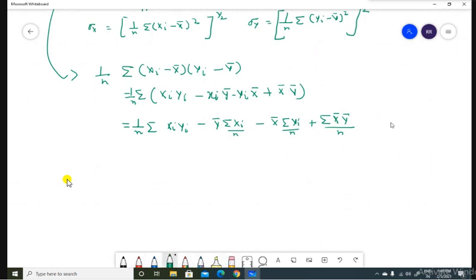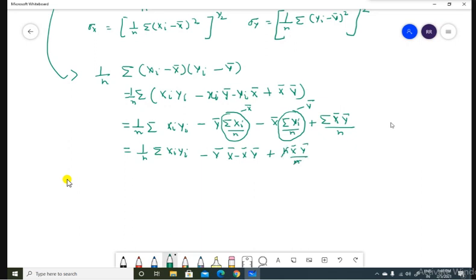Now summation of xi yi upon n, this part is nothing but x bar and this part is nothing but y bar, so it will be y bar x bar, minus x bar y bar, and this part is nothing but n x bar y bar upon n.